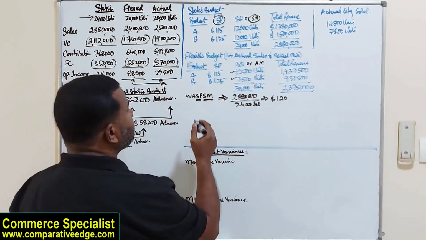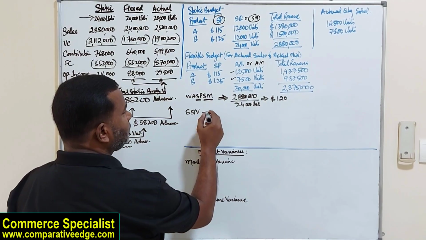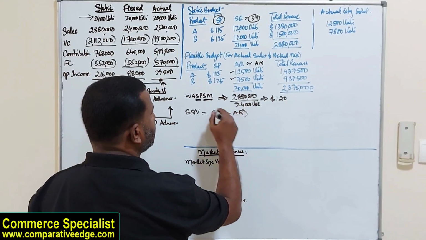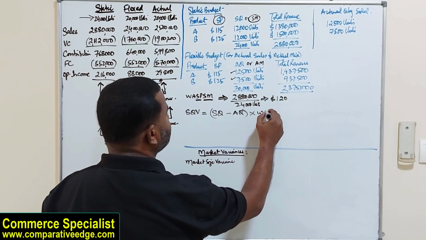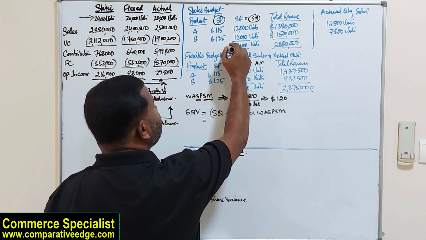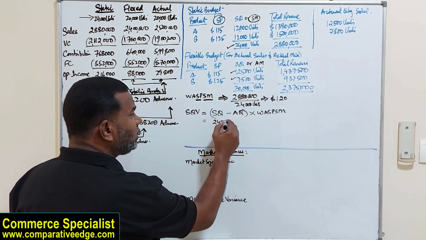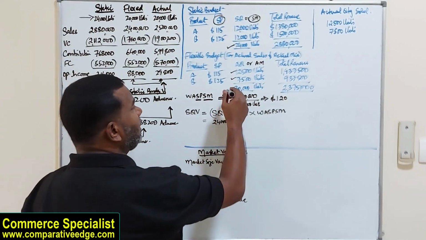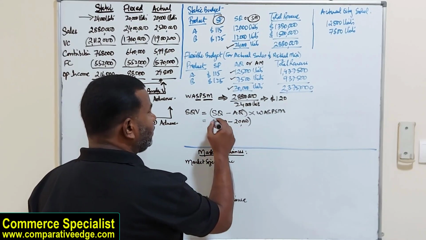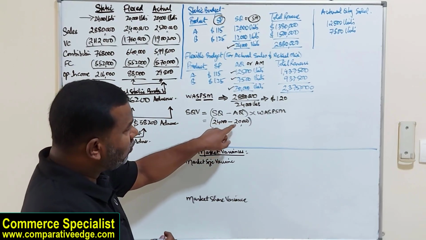$120. So here we can simply calculate sales quantity variance, which is equal to standard quantity minus actual quantity into VASPSM. So if you look at standard quantity, these many units we wanted to sell, 24,000 units in total we wanted to sell. Actual quantity, actually we sold 20,000 units. Now this is the determining factor. We wanted to sell 24,000 but we sold less.